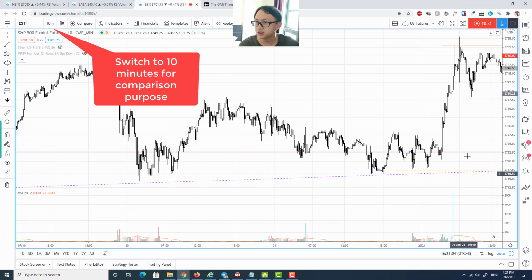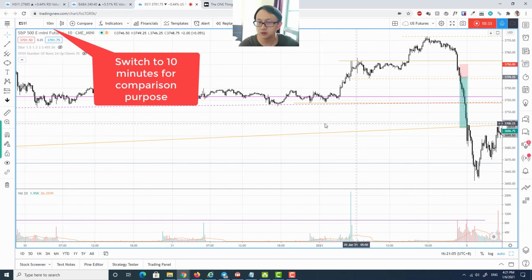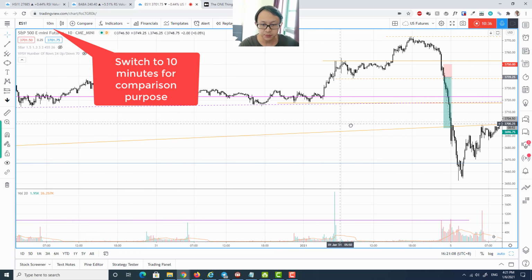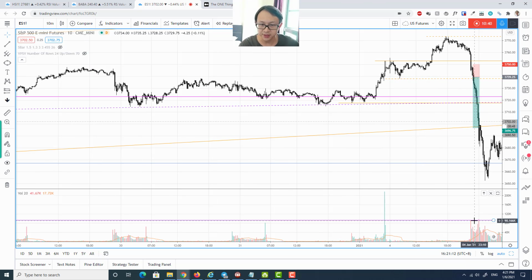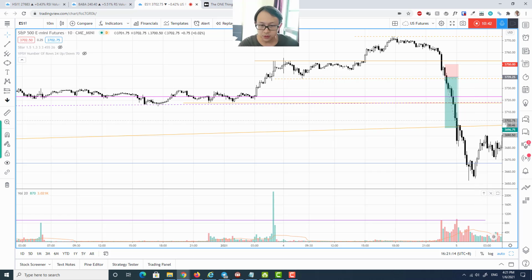Then I will compare it with the past trading sessions, and you probably notice that I have already drawn a line right there. Let me zoom in a bit more. This is the first candle, the first 10 minutes, and we can notice that it's roughly 80K or 80 plus.